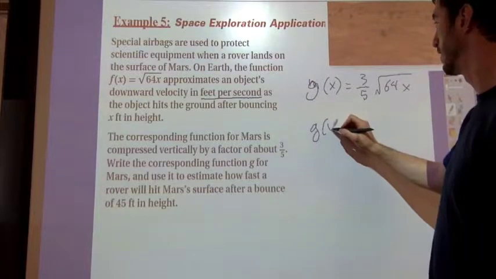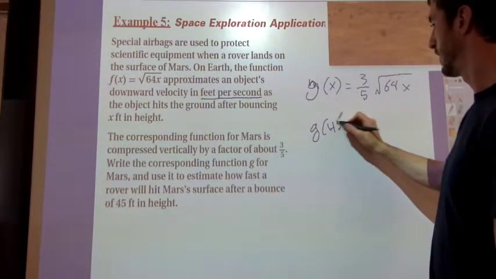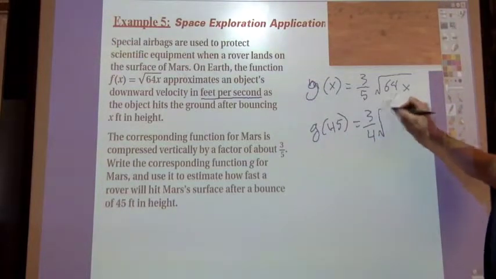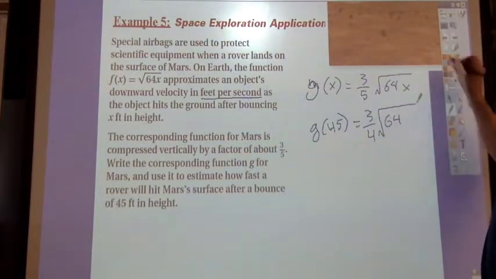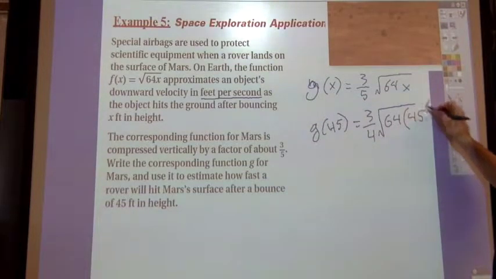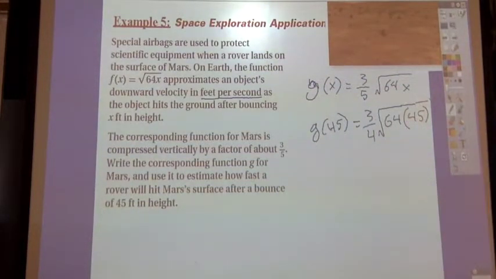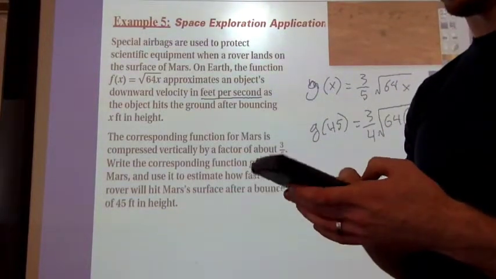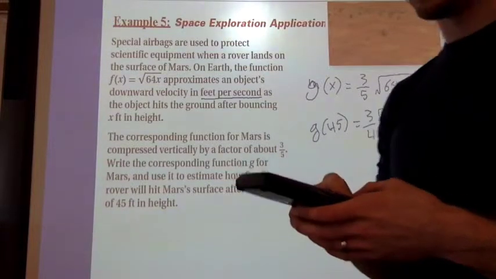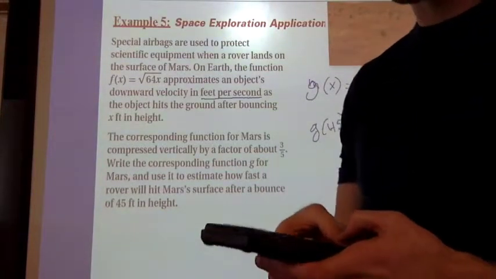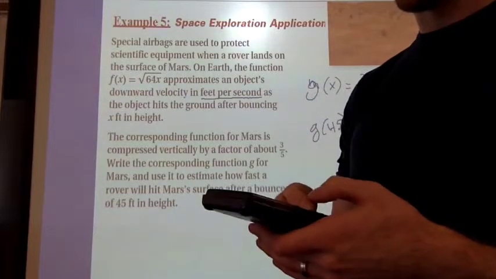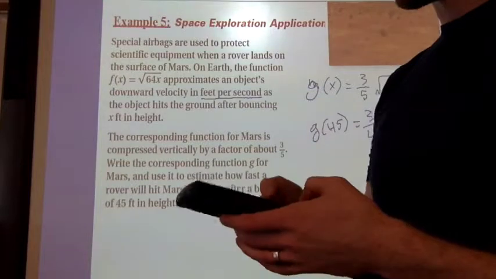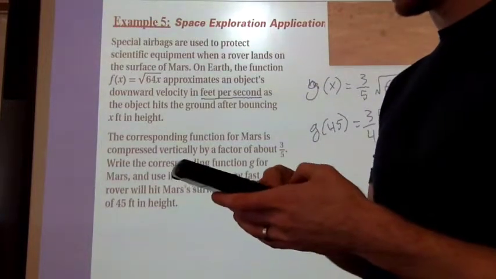So we've got g of 45 equals 3/5 square root of 64 times 45. And you know what? I'm just going to go ahead and plug this whole thing into my calculator as is. So 3/5 is the same as 0.6 times the square root of 64 times 45.